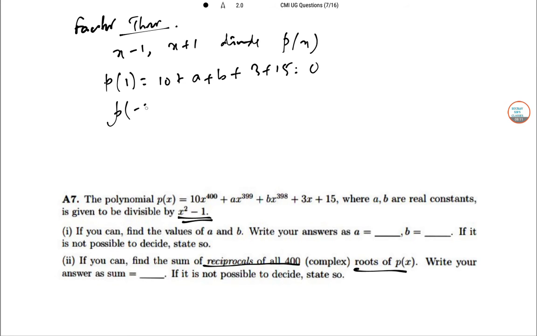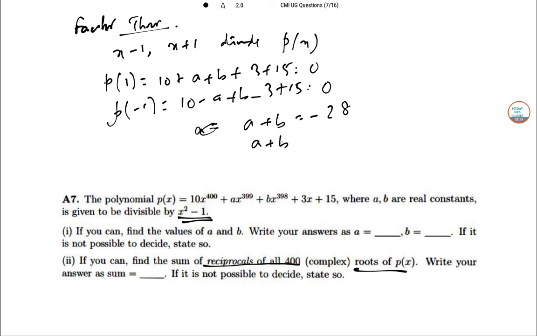So p of minus 1 will be 10 minus a plus b minus 3 plus 15 equal to 0. Solving these two, a plus b equal to minus 28, and then a plus b equal to minus 22. So both are negative, b equal to minus 25.